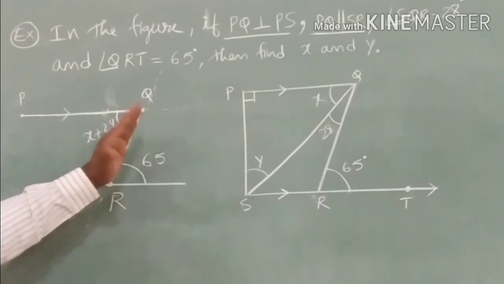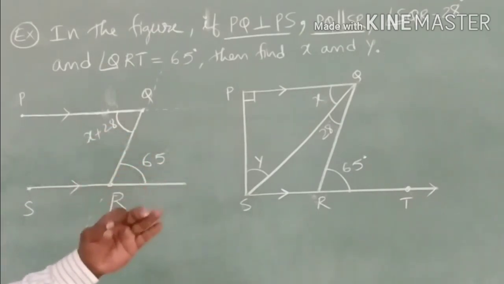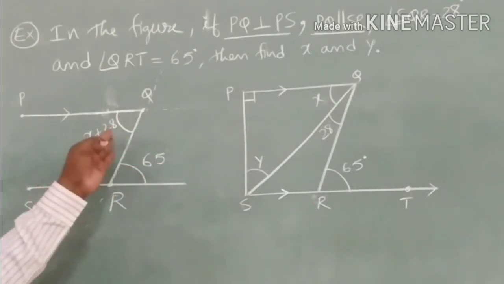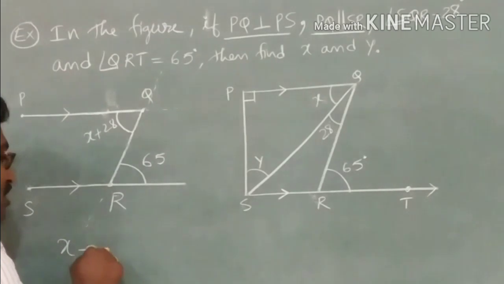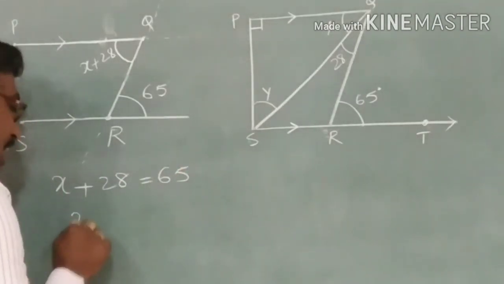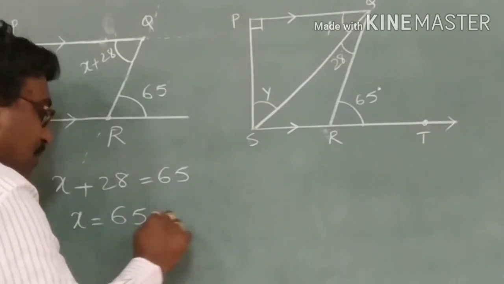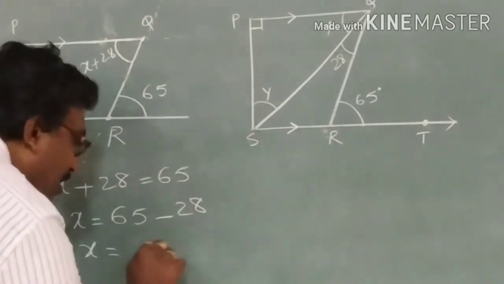Either side of the transversal, both are interior and they are not adjacent. Angles are equal because they are alternate angles. So, X plus 28 is equal to 65. So, X is equal to 65 minus 28. If you subtract, you will get the answer.